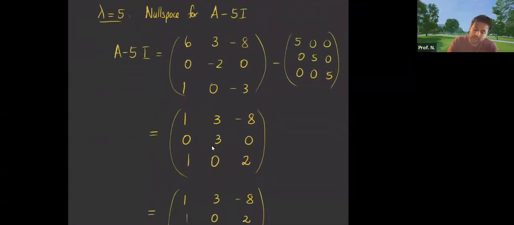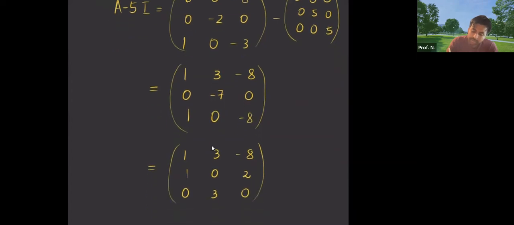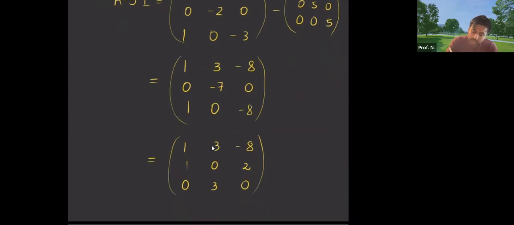Oh, yes. That's right. Sorry. So this should be negative 7, right? And this should be negative 8. Pardon me for that. So then when I swap this, I get negative 7, negative 8, right? Yeah, I was adding the 5 instead of subtracting the 5.